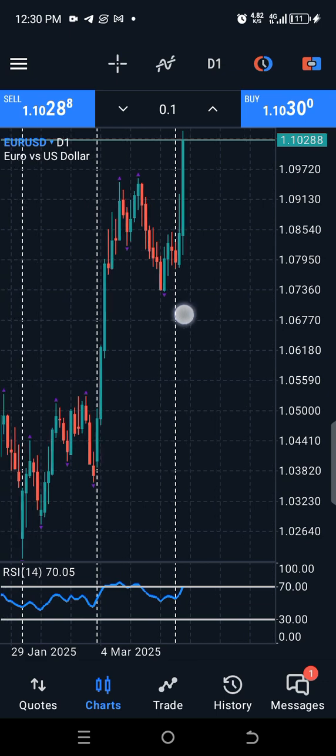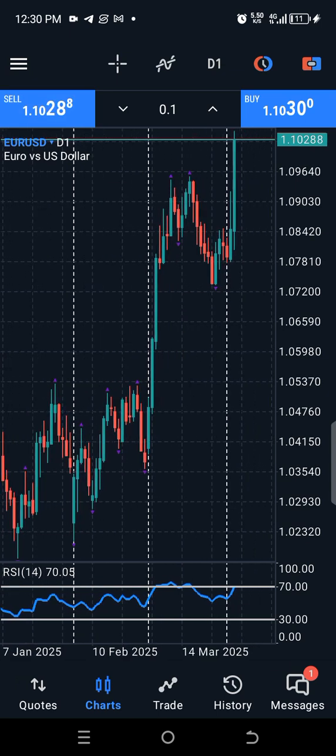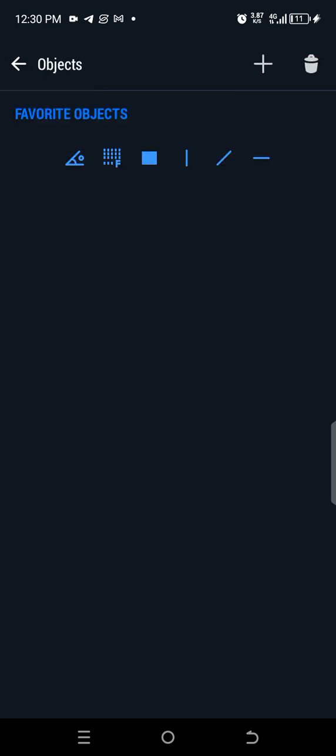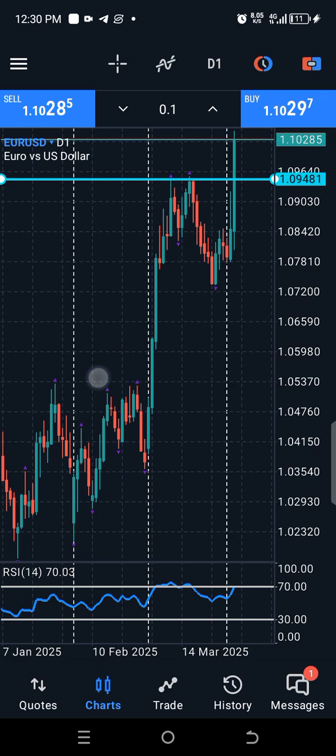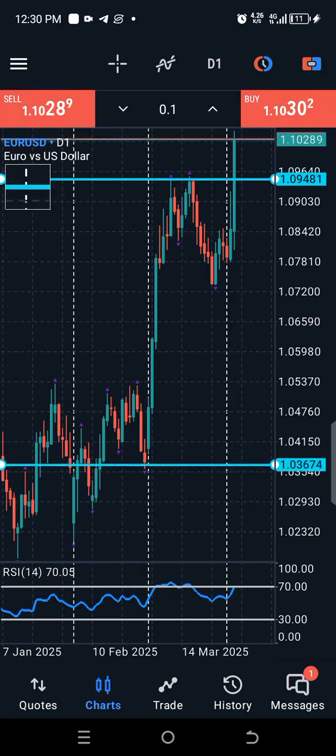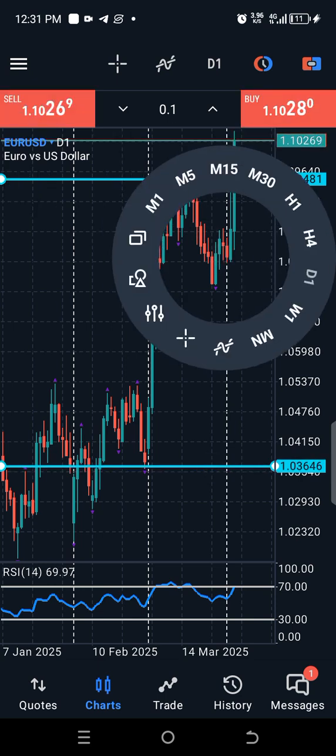All right, so we go back straight to marking. We mark our highs and our lows. So before price formed this candle, this is where we were, about here, around here.